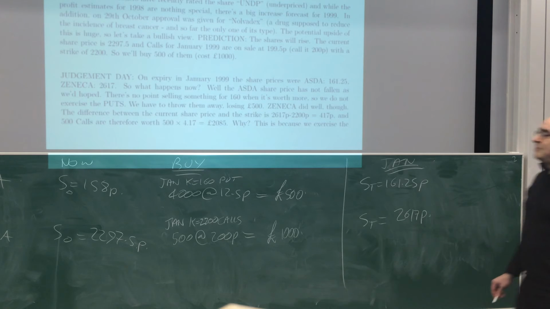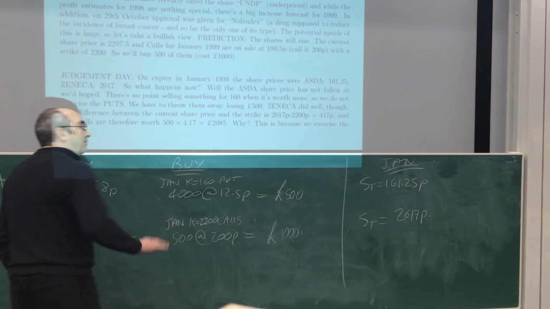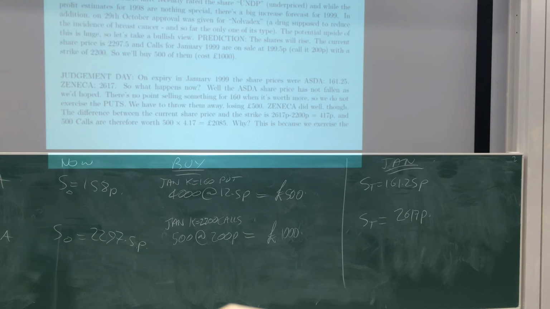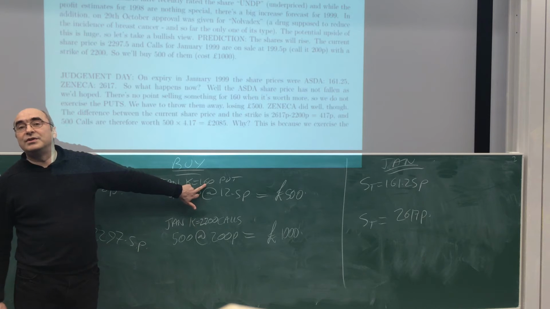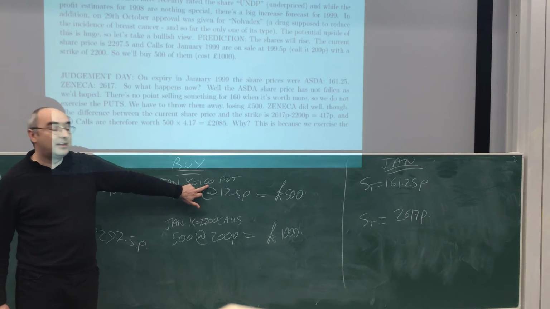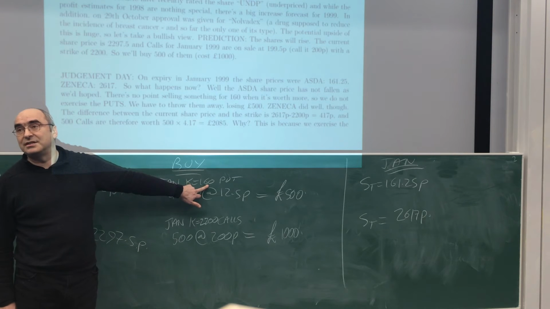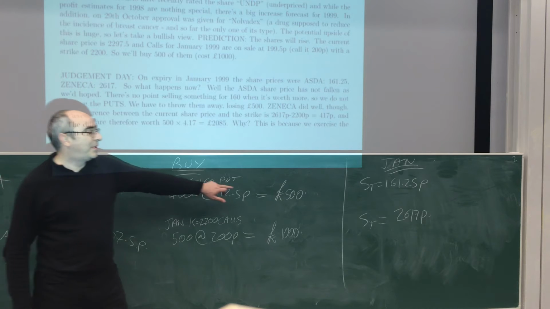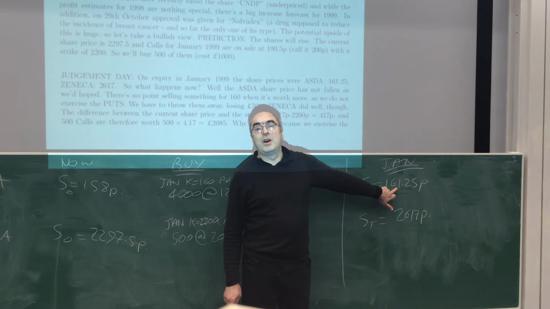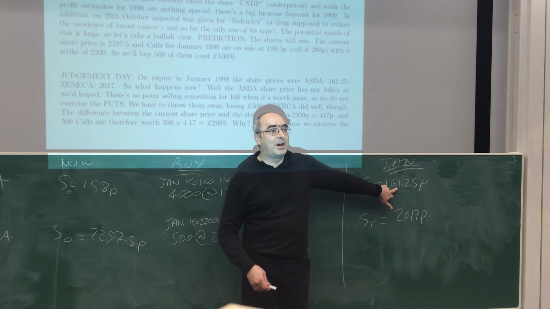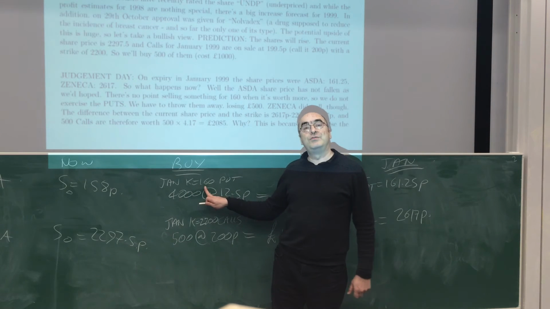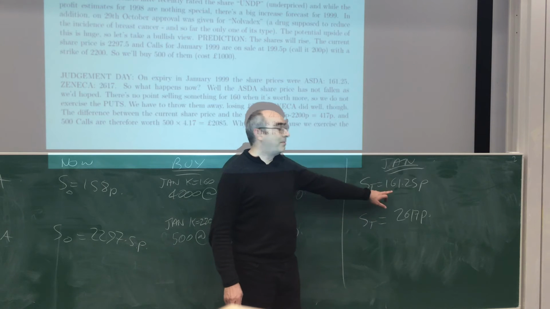Right. A put option gives me the right but not the obligation to sell something at a particular price. The put options I bought were at 160, so I could sell the shares at 160. There's no way I'm going to bother to sell any shares for 160 pence if I could sell them in the market for 161 pence. Because by selling them directly to the market, rather than to the person who wrote that option, I can get more money.